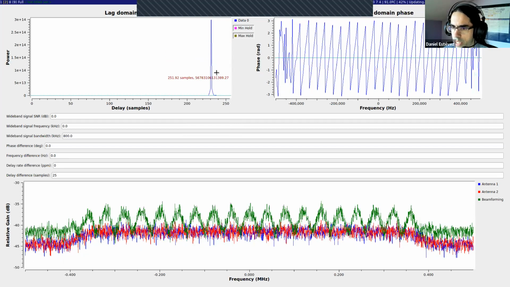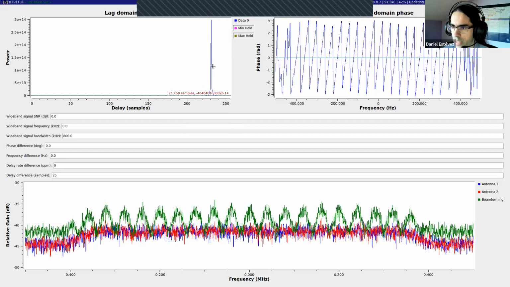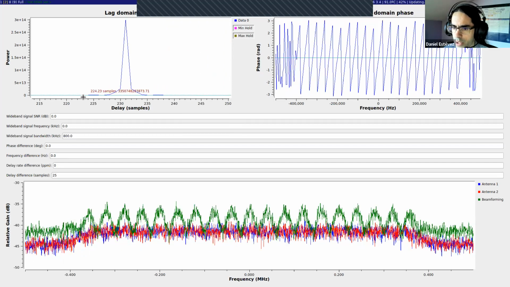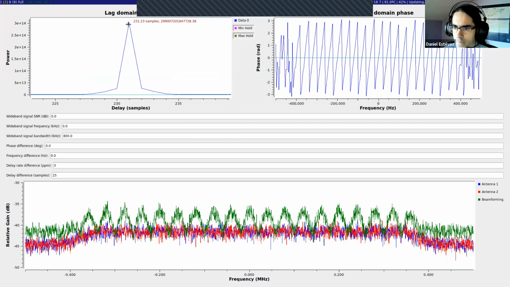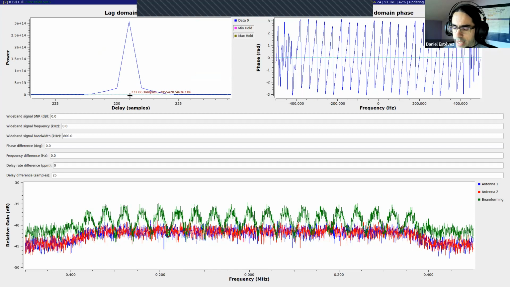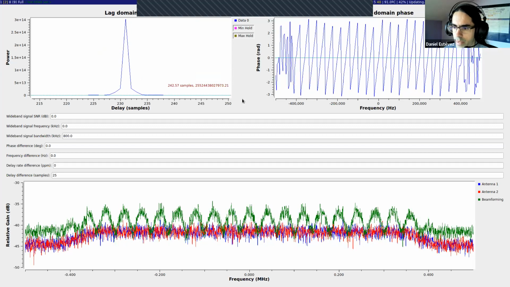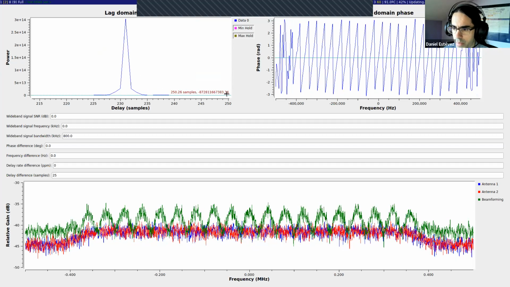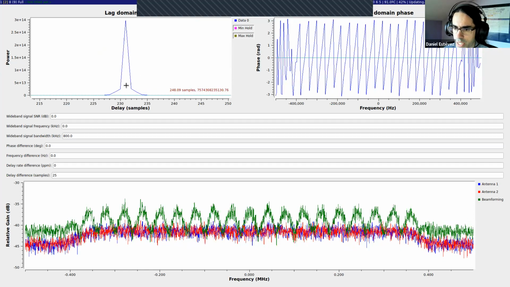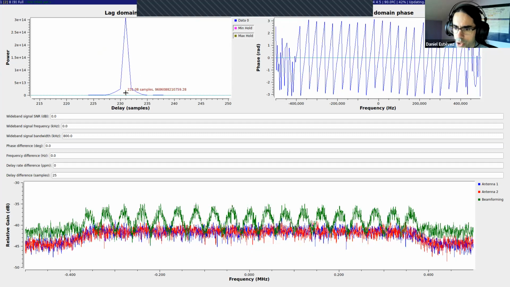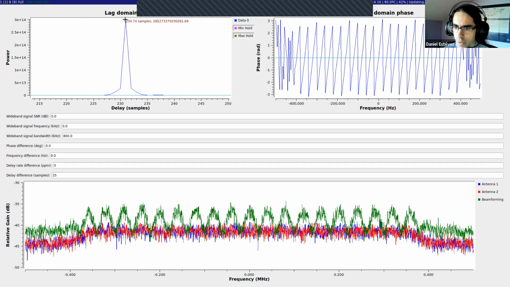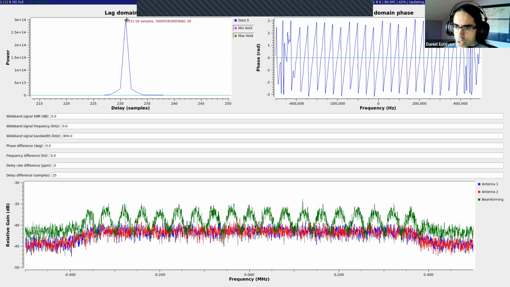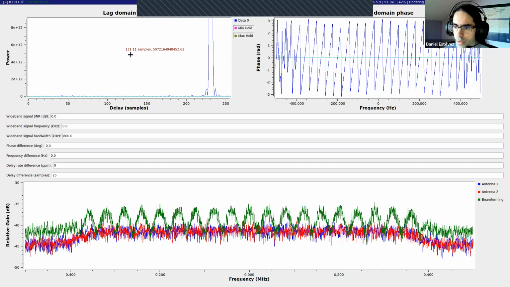So we have this, which is the inverse Fourier transform. And the inverse Fourier transform shows a peak at the appropriate delay, which would be minus 25 in this case. Again, a sign convention, but basically 256 minus 25 should be 231, if I'm not mistaken, which is the location where the peak is to be found.